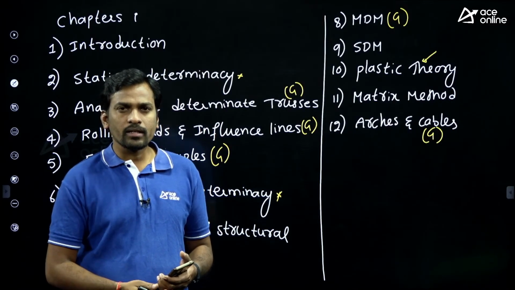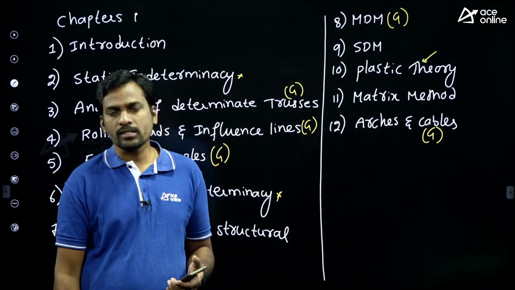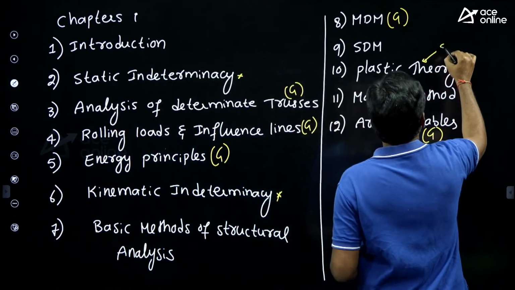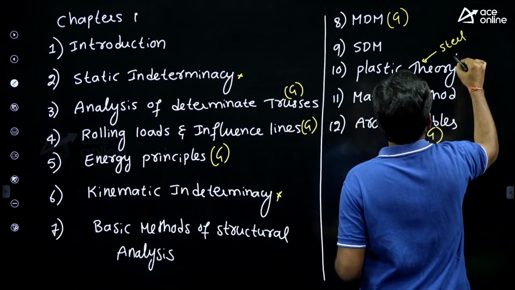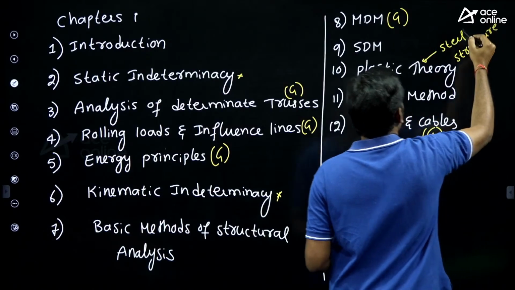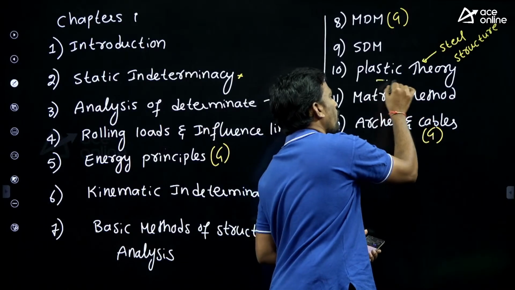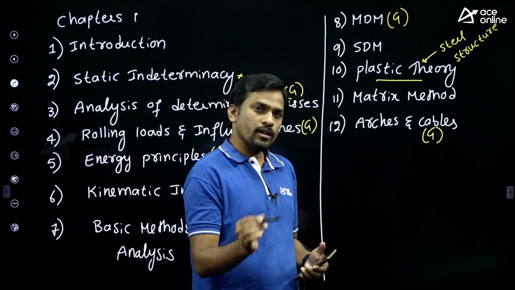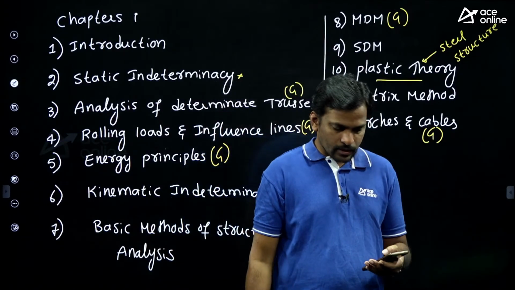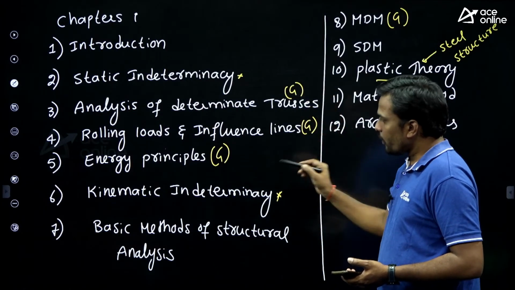But this is the analysis part, that is the reason we explained it in the structural analysis subject. If you see the GATE and IES syllabus, this chapter is not in structural analysis, it is in design of steel structure. Then next, these are the important chapters.